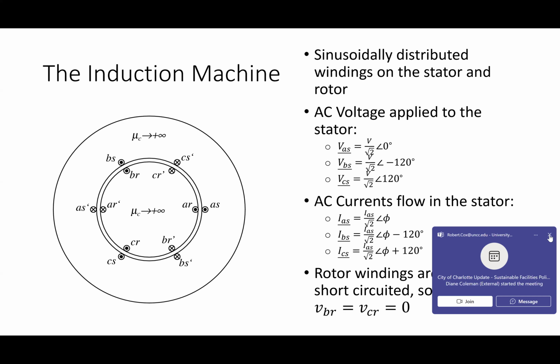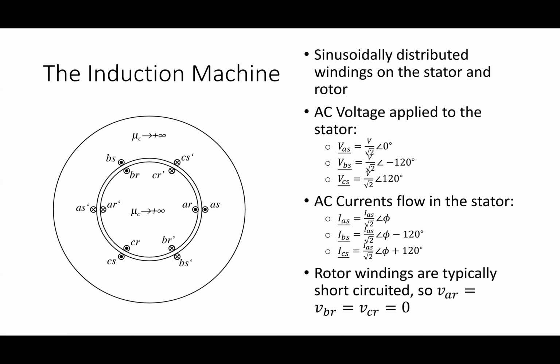Yeah, it induces a voltage, right? And if the field moves at 60 hertz, it's going to induce a 60 hertz current in the rotor, and the rotor is going to start to accelerate because there's going to be a force on that current.